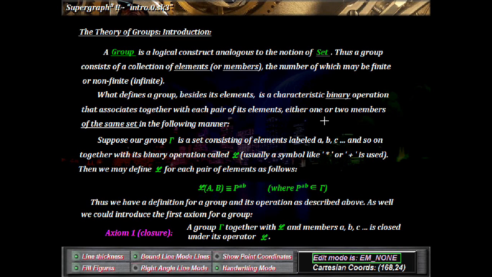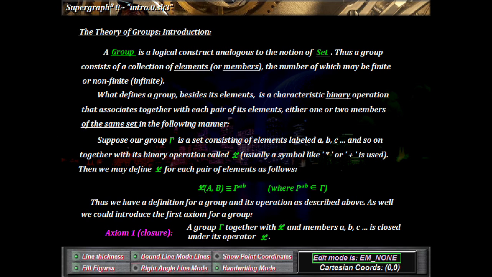That's possible. So together with each pair of its elements, either one, possibly, or two members in the same set, in the manner I'm about to describe.